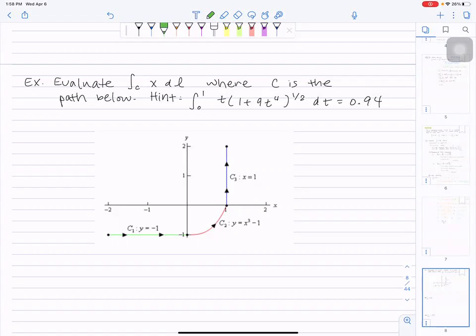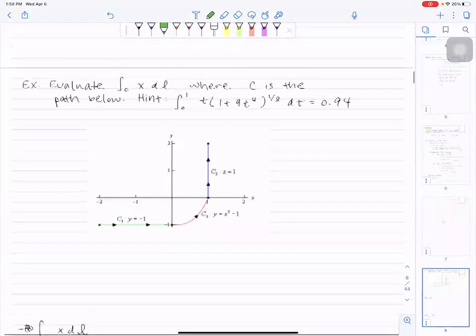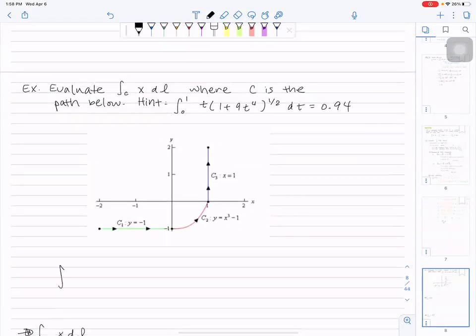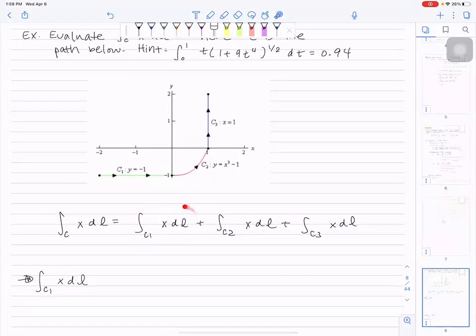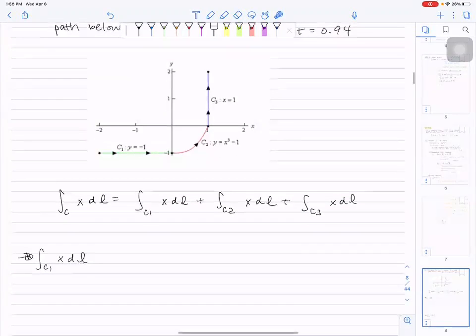So the idea, as I said, is that this whole integral is going to end up being the integral over the first path, C1, plus the integral over C2, plus the integral over C3. So let's do the first integral. What should I choose for my parameterization?